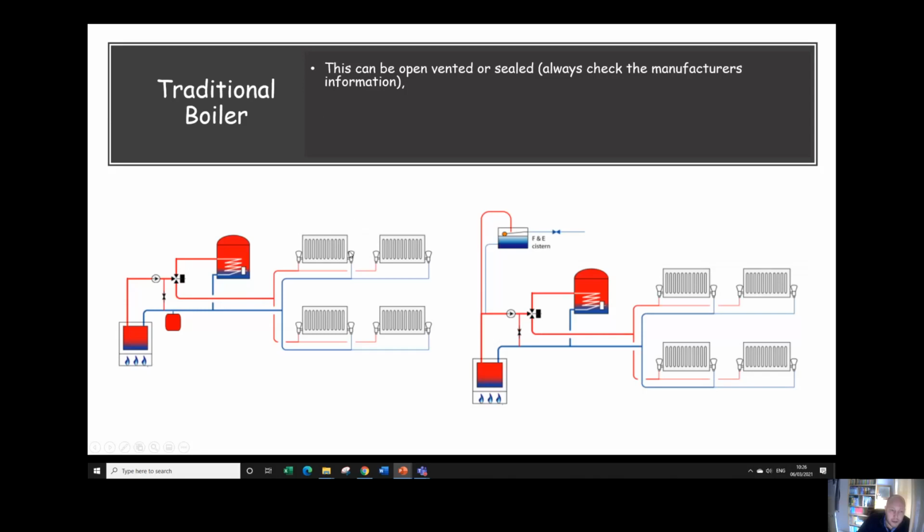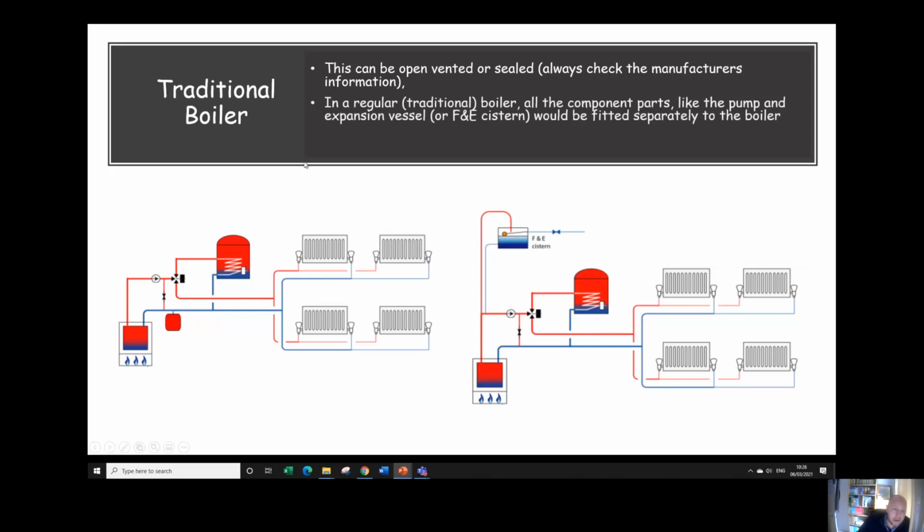In a traditional boiler, it would feed the heating system with heated water, and it would also circulate through the coil of a hot water cylinder in return to be reheated.